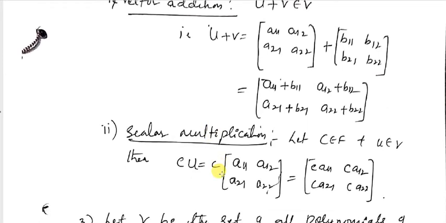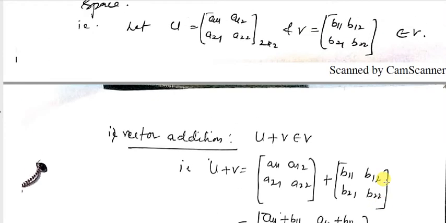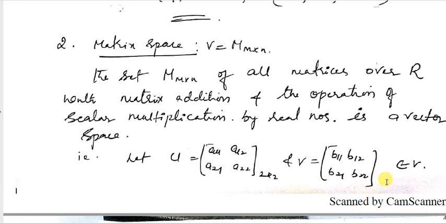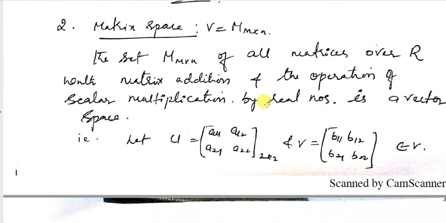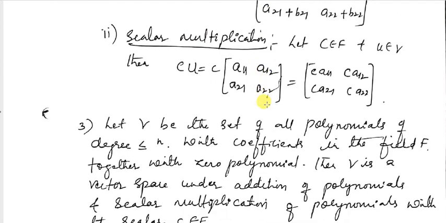And let us find the scalar multiplication. Let C belongs to F and U belongs to V. Then CU is equal to C times the matrix U. So C will be multiplied to each element of the matrix according to the property of matrices. Therefore, CU is again a matrix of order 2 cross 2 which belongs to V. So therefore, the set M of order n cross n of all matrices over R is a vector space with respect to addition and scalar multiplication.